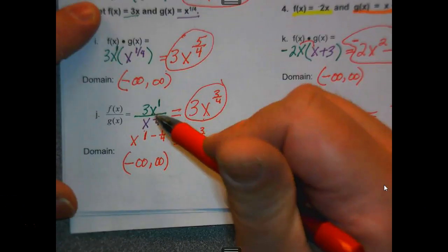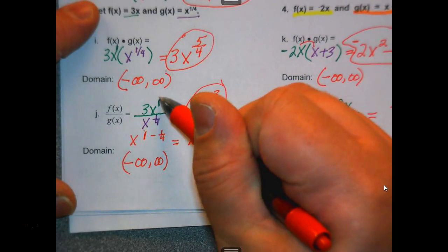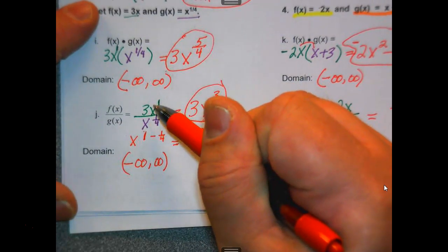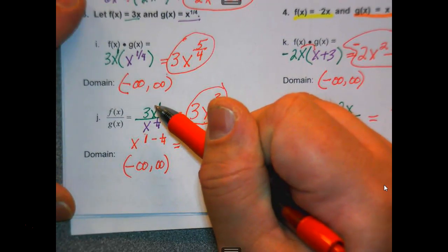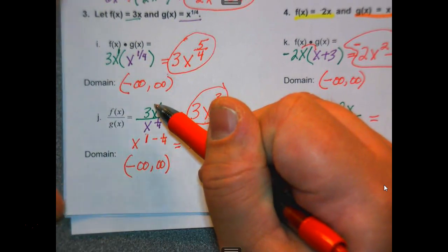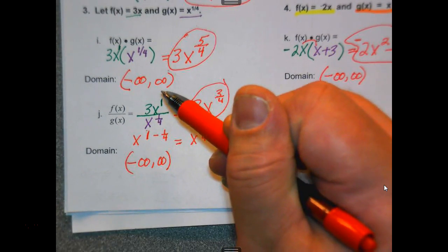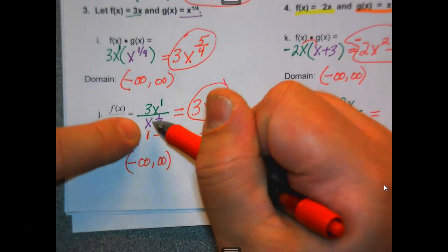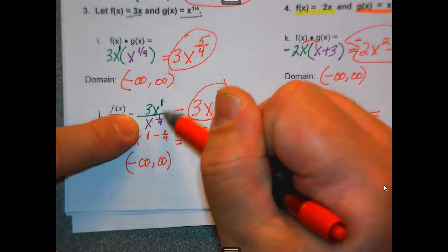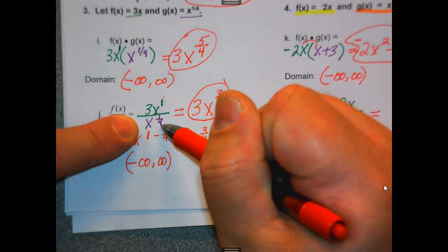Okay. I had to simplify this. Remember when we were doing exponent properties? When I have division with the same base, I subtract my exponents.